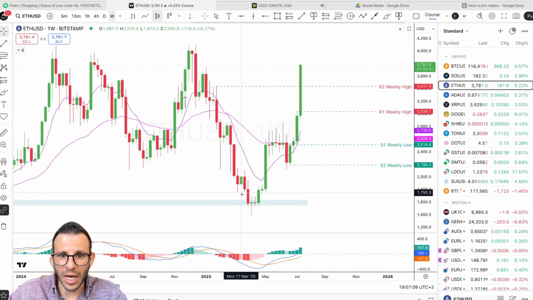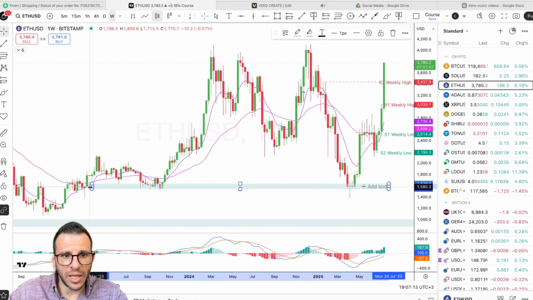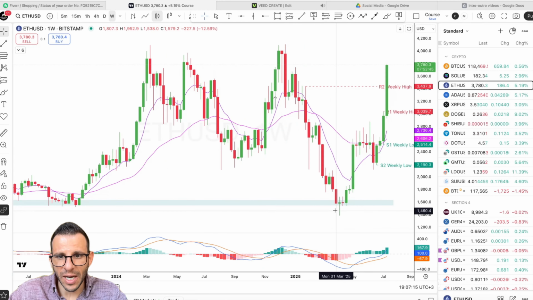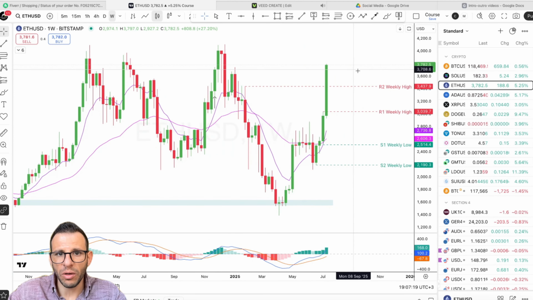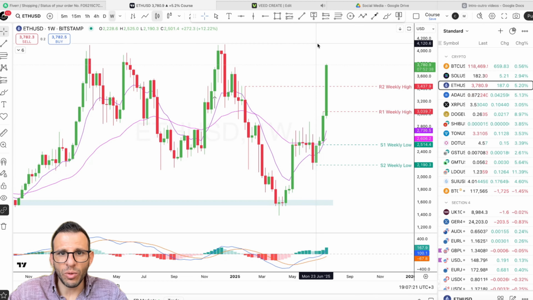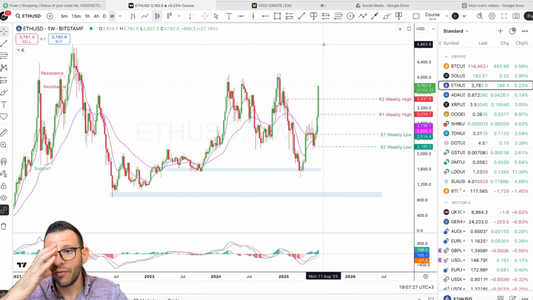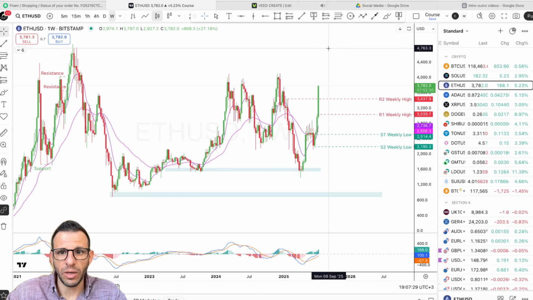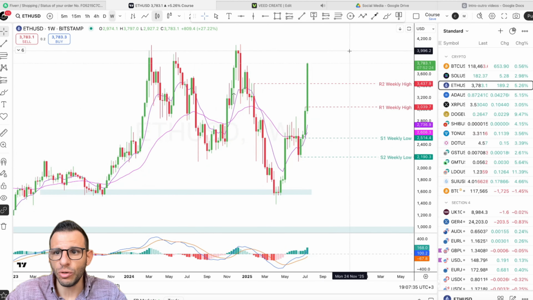You see, it was declining, but after it found this strong area of demand, solid price action, the price bounced, and then long bullish candles. Now, we do expect the price to reach anytime soon the $4,000, and if the crypto market is still in a bullish momentum, we do expect to see the $4,800 all-time high tested again.